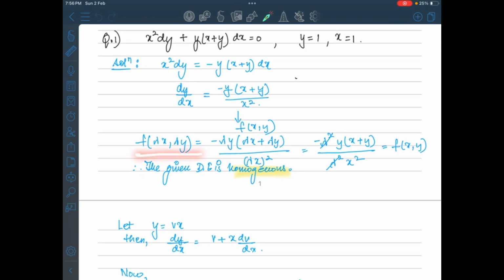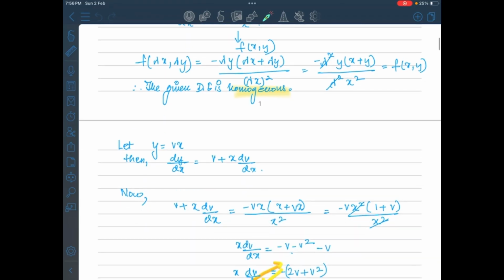So f of lambda x comma lambda y: when you substitute lambda y in place of y, lambda x in place of x, and after taking common and everything, you are getting back the function. That means, as I said, lambda power 0. Lambda is completely getting cancelled after substituting lambda x in place of x and lambda y in place of y. That means this is a homogeneous equation and we can proceed with the algorithm that I explained just now.